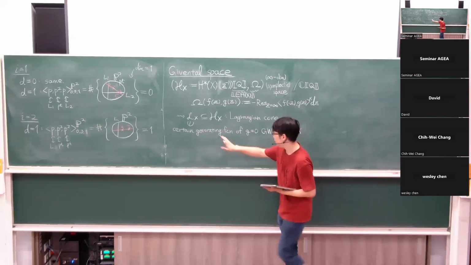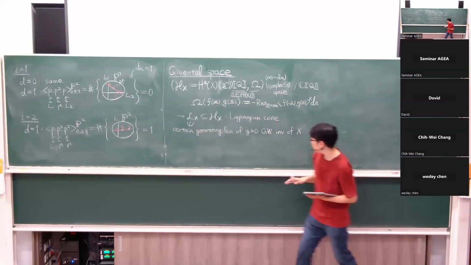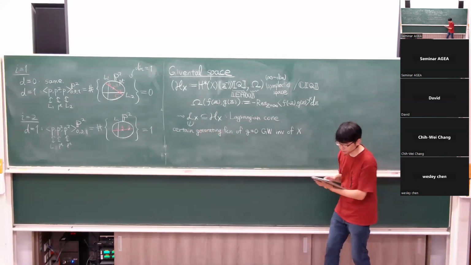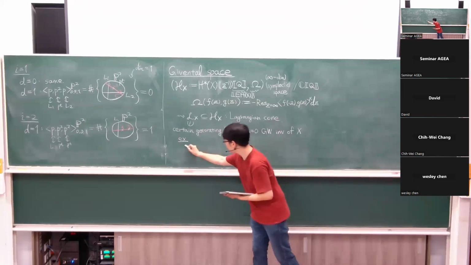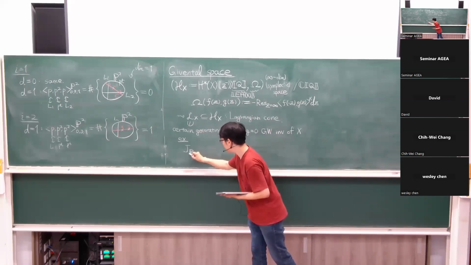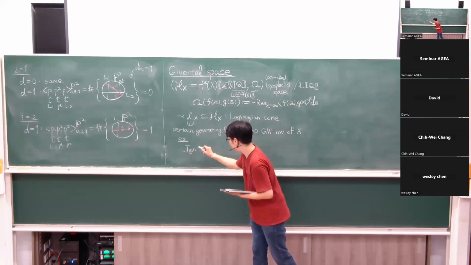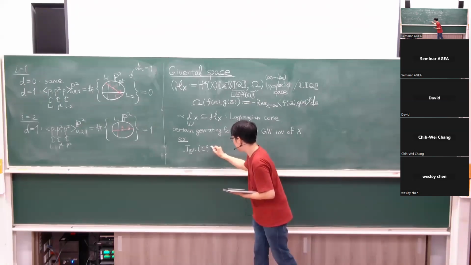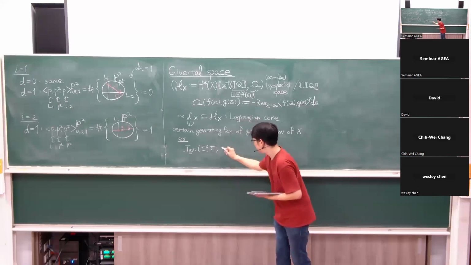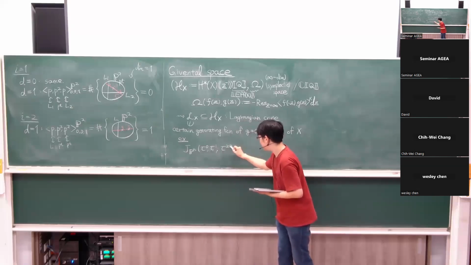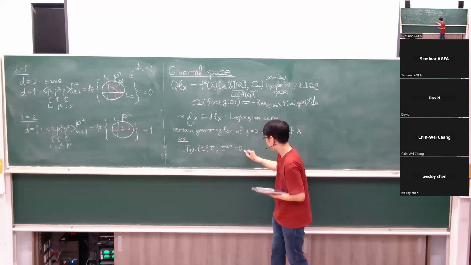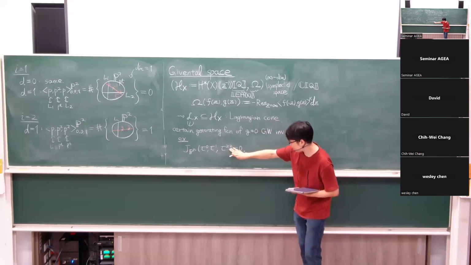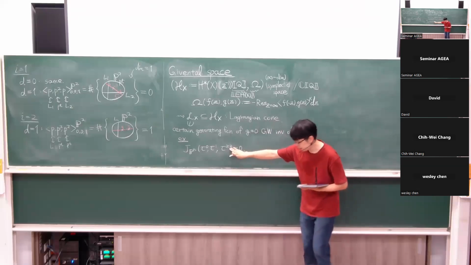An element of L_X is a certain generating function. For example, we keep tau with degree equal to or bigger than 2.